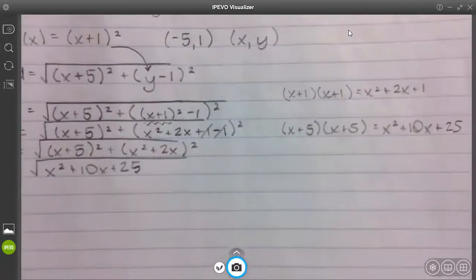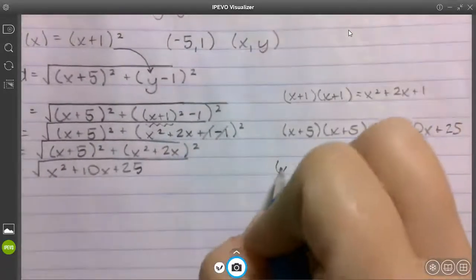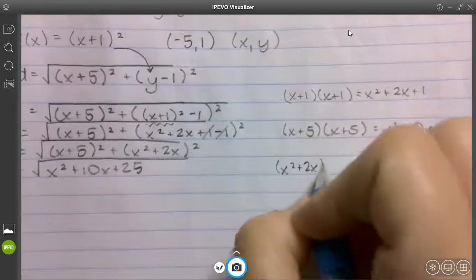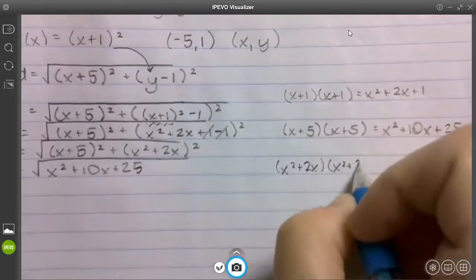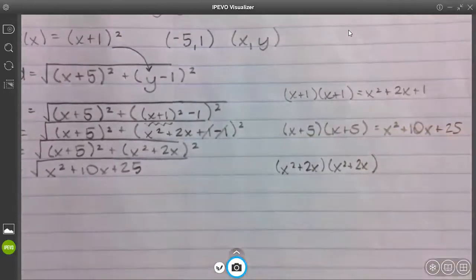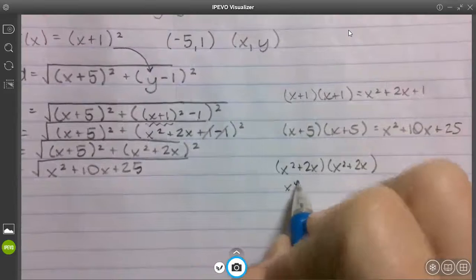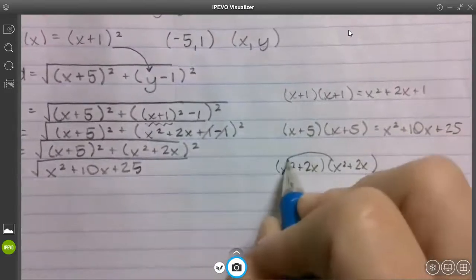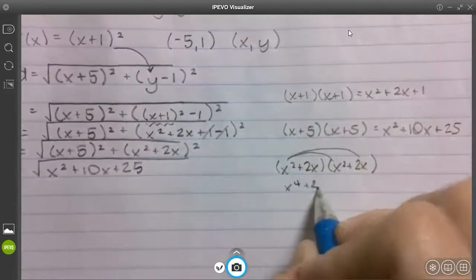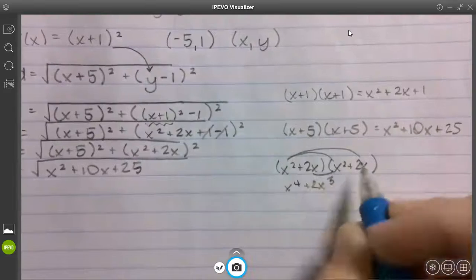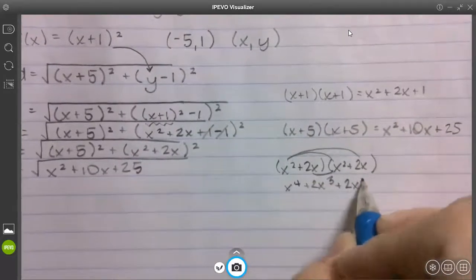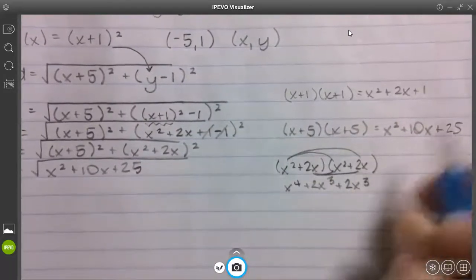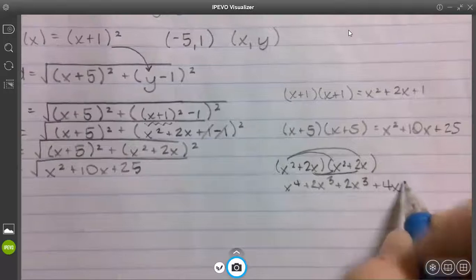And then we're going to have to multiply the x squared plus 2x. So when we multiply this, we get x to the fourth, then 2x cubed, same thing in the middle, 2x cubed, and then 4x squared.